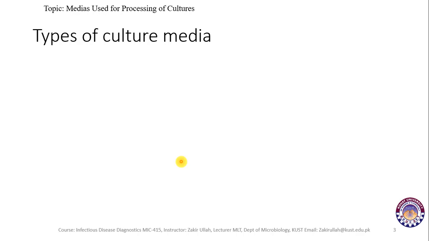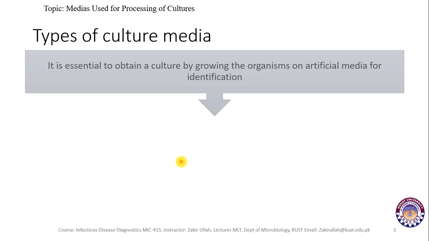Now our today's first topic, the types of culture media. Culture media is an environment which is required for the growth of bacteria in the lab and for proper identification of any microorganism, especially bacteria or fungi.